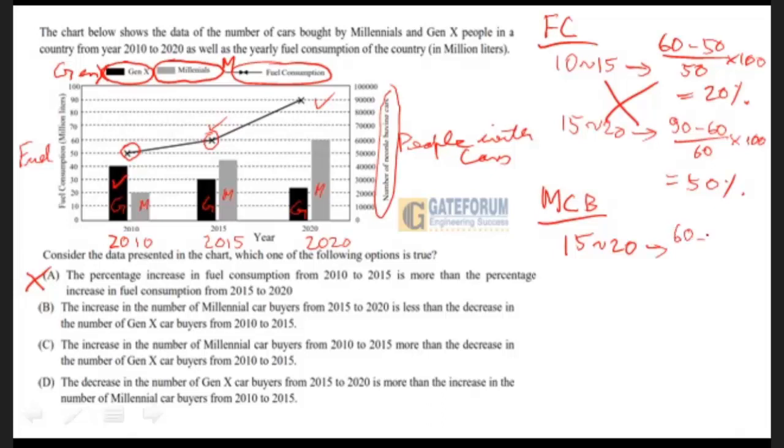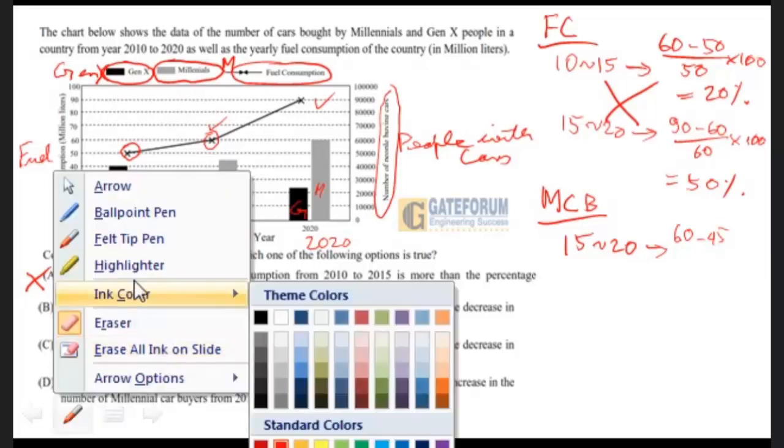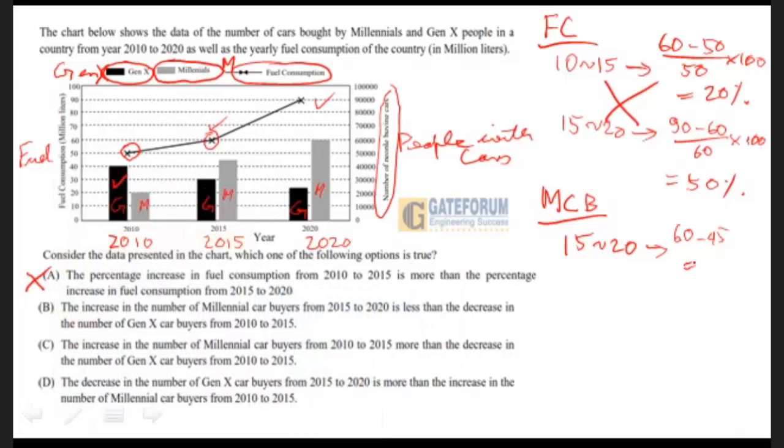So 60 minus 45 by 45 into 100. No, not percentage, here the numbers only have been asked, so we don't need the percentages. The numbers are more than enough. So that would be 15,000, 15K, because these are all in thousands.